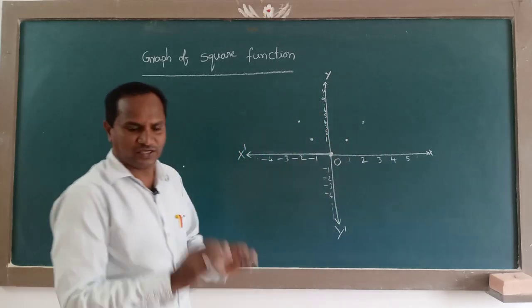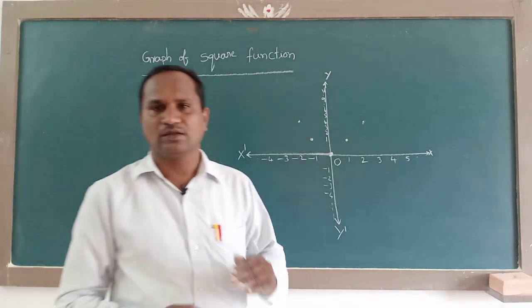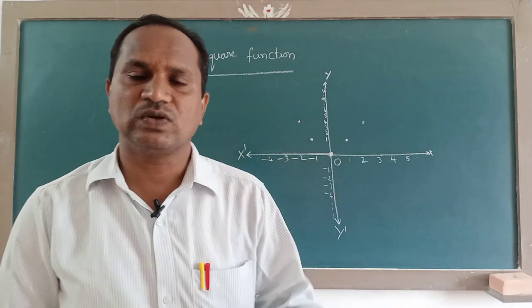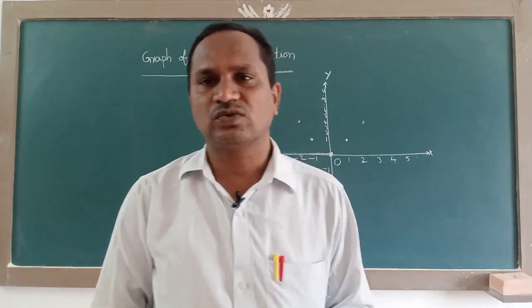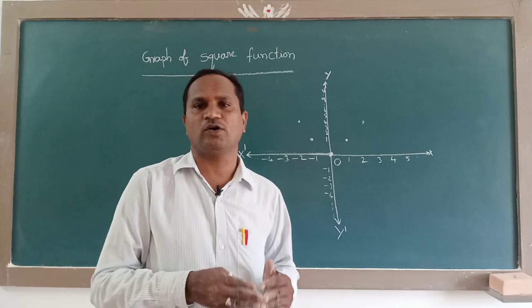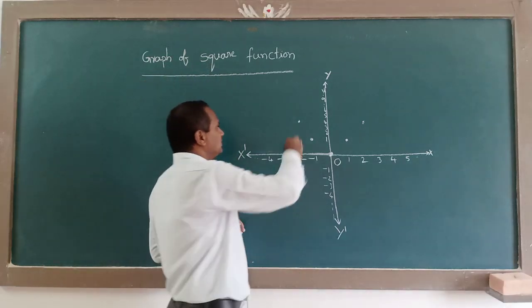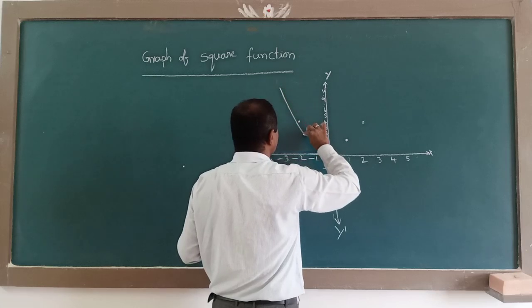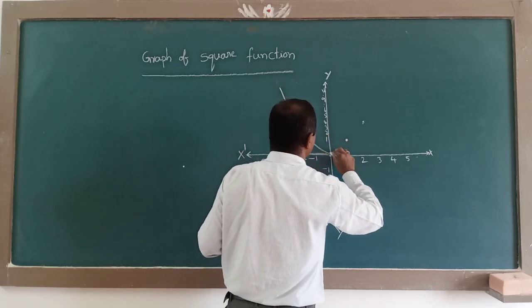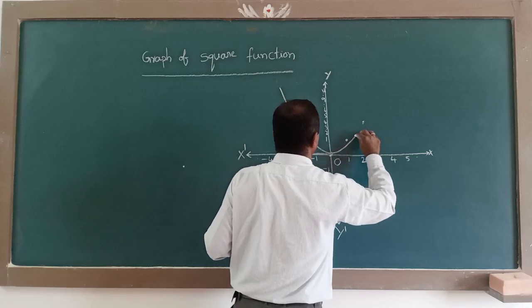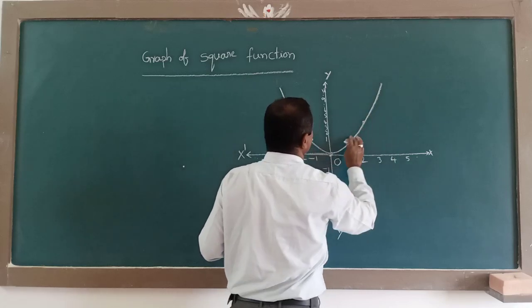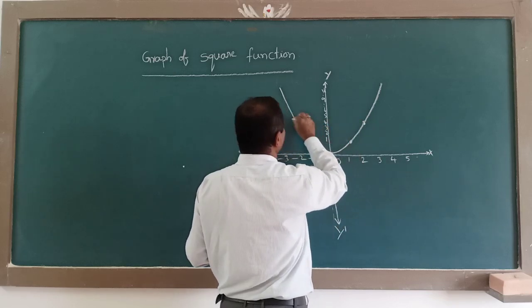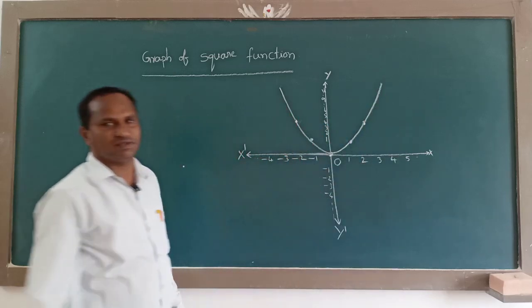Like that, plot the points: 1 squared is 1, 2 squared is 4, minus 1 whole squared is plus 1, minus 2 whole squared is plus 4. Afterwards, join all these points by the freehand method.